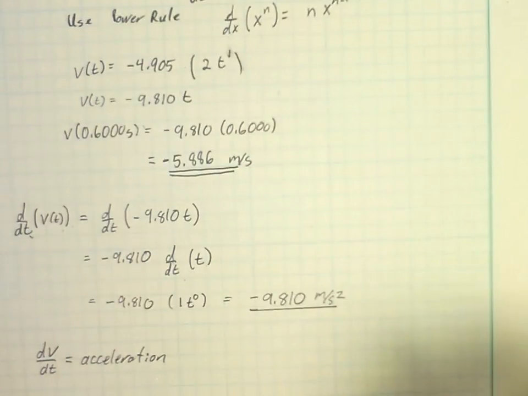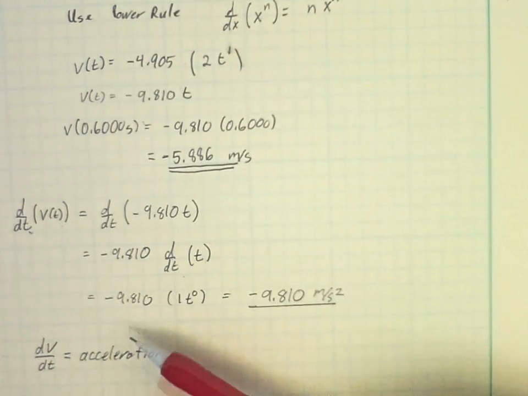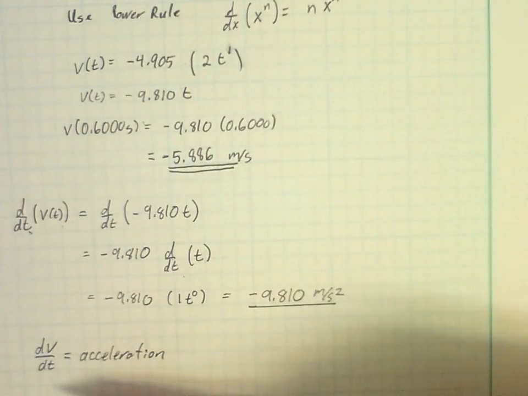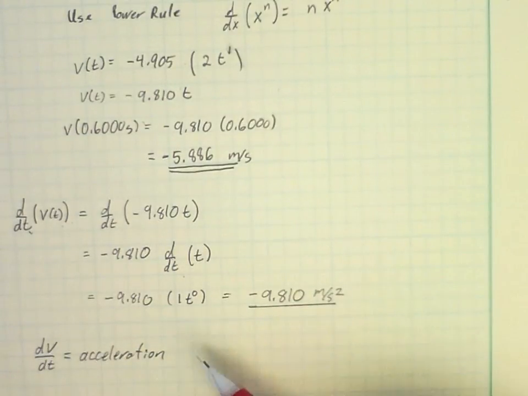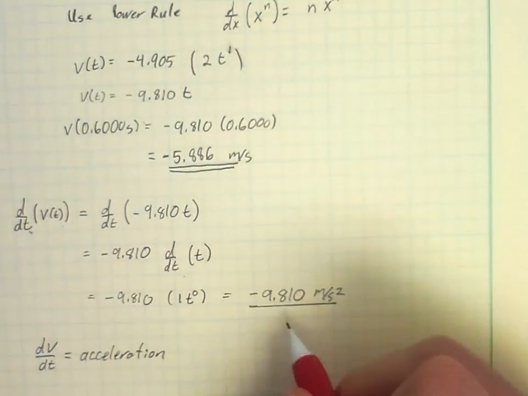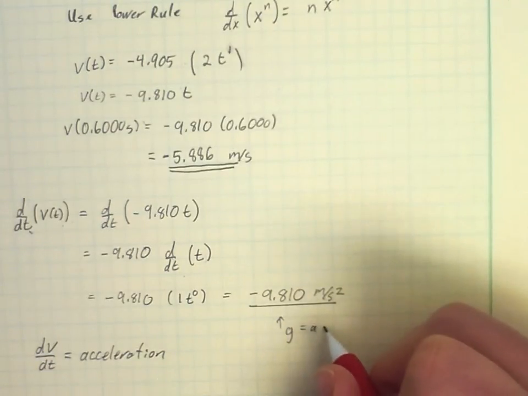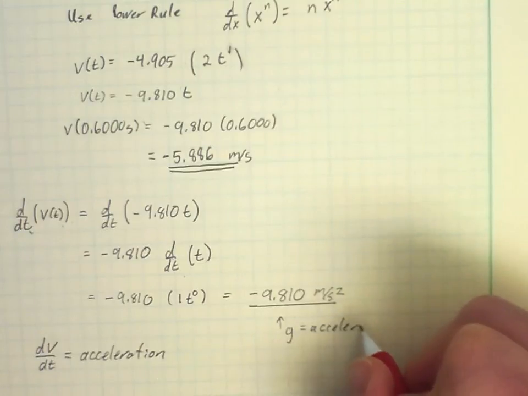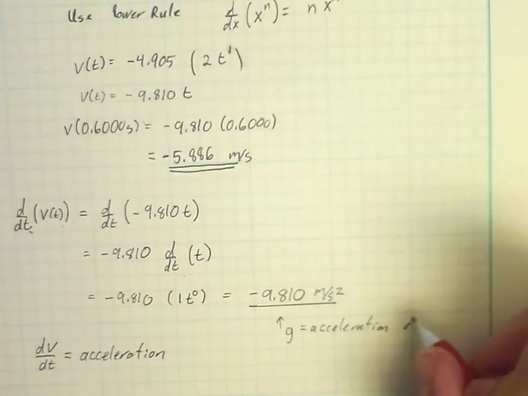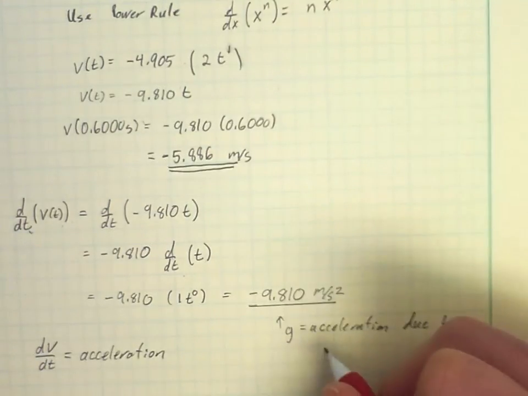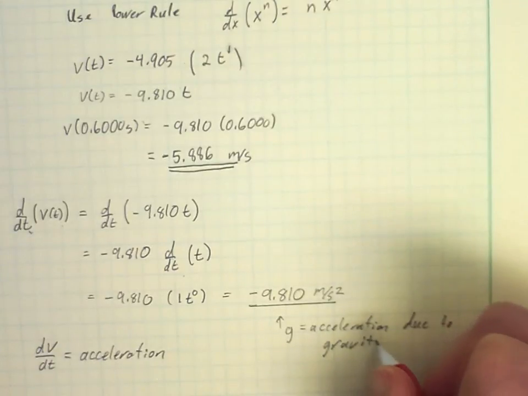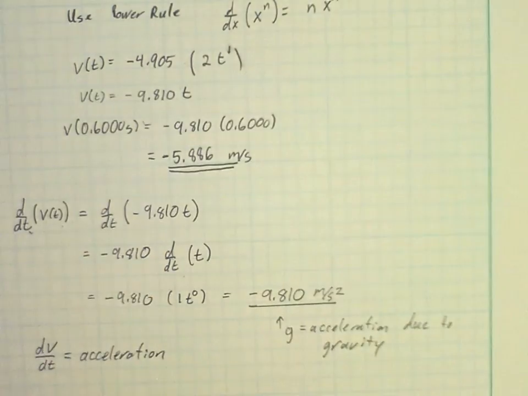Because again, if we think about it, it is the change in velocity over time. So how much our velocity is changing is acceleration, and specifically this one is g, which is acceleration due to gravity, a constant we see many times.